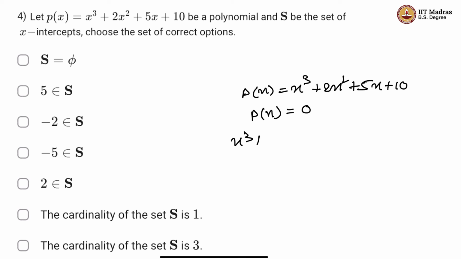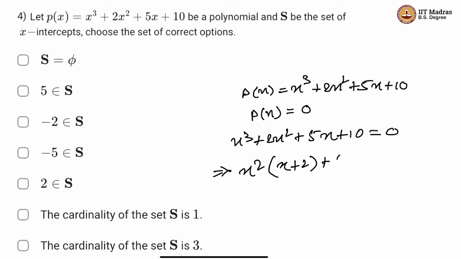So x^3 + 2x^2 + 5x + 10 = 0. Okay, so we can rewrite this equation: take x^2 as common, then we get (x + 2). Again 5 as common, then we get (x + 2) = 0. So the next form will be (x^2 + 5)(x + 2).